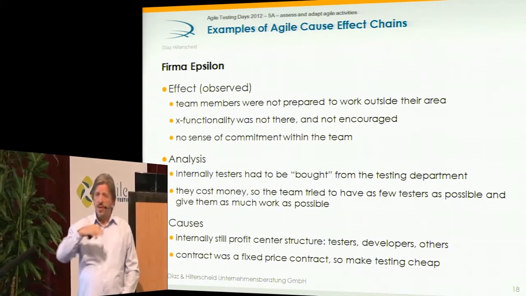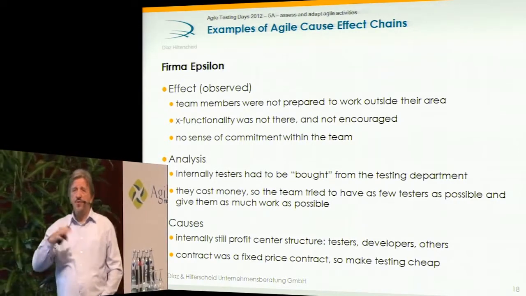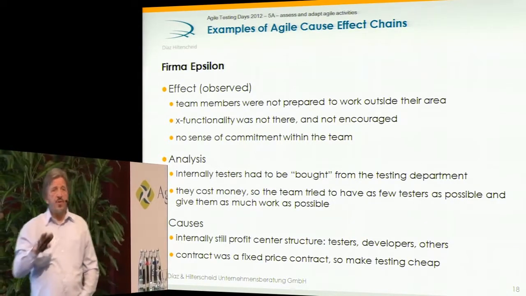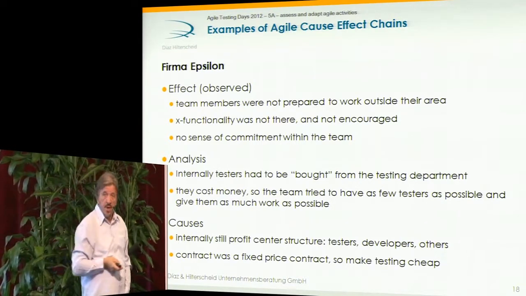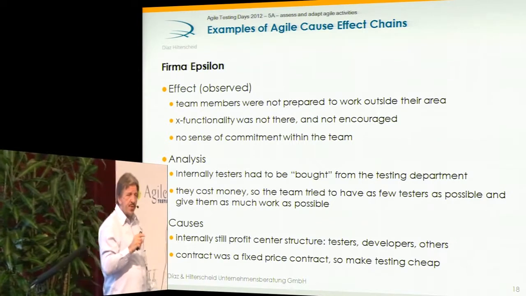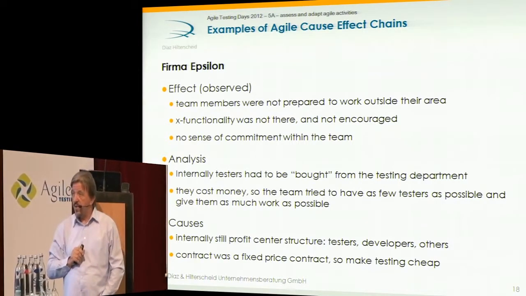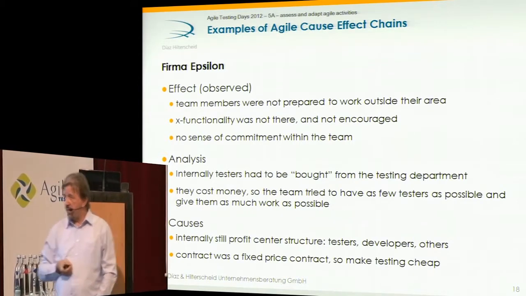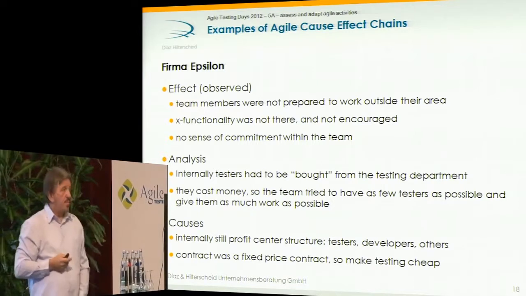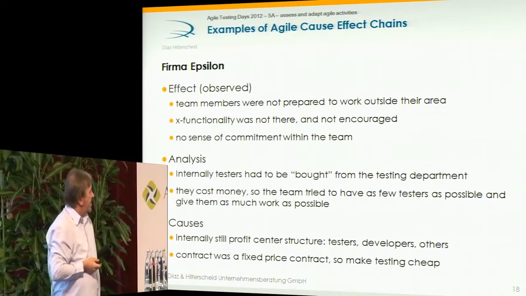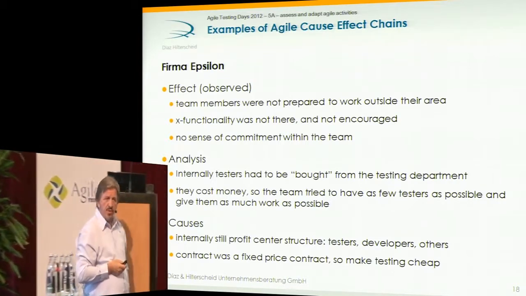So they were trying to minimize the cost. And that, of course, was completely contradictory to this cross-functionality idea that we have. So none of the developers was interested in learning anything about testing. None of the testers was interested in assisting the developers. And that then caused the problem that the team was very uncommitted to what they do.